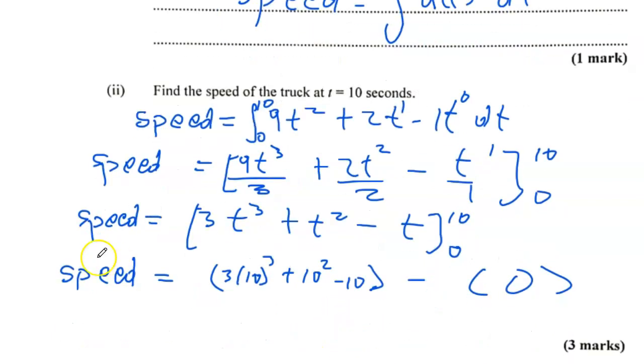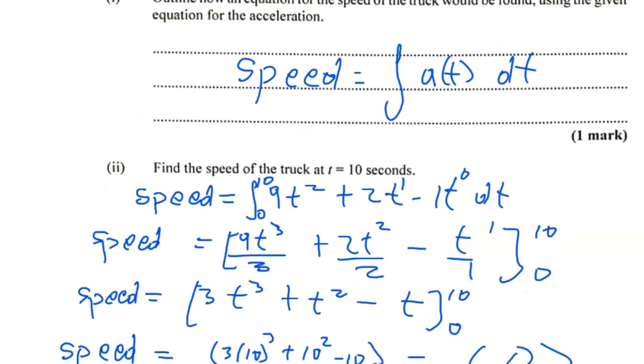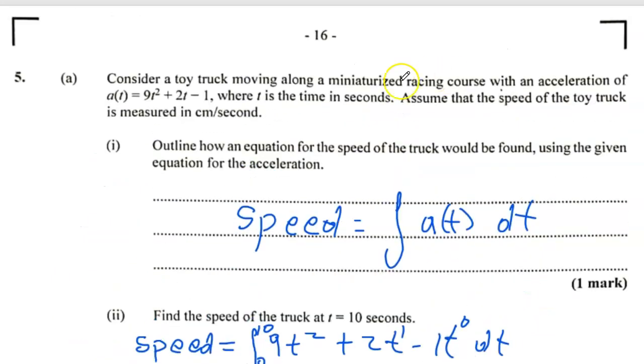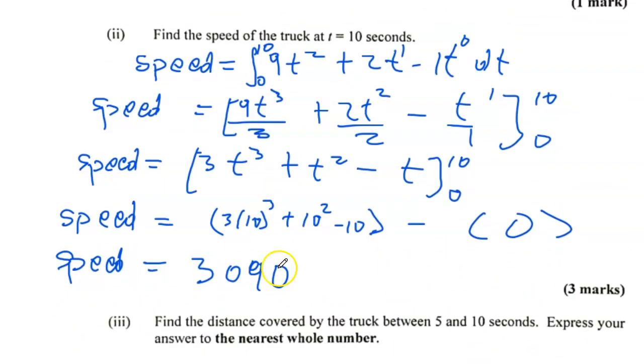And if we enter that in the calculator, we get 3090. I remember the unit for speed is centimeters per second, alright? So careful, it's not meters per second, it's actually centimeters per second.